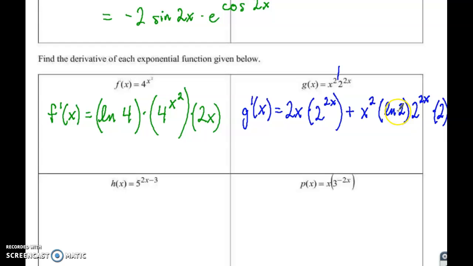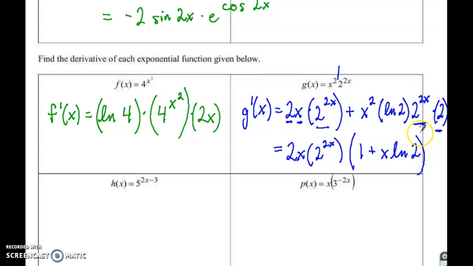Now, at this point, I think it would be up to you if you wanted to factor things out. For instance, each one of these has a 2, an x, and a 2 to the 2x. A 2, an x, just one of those x's, and a 2 to the 2x. So you could factor it out if you want. I actually don't have an answer key to this. 1 plus, let's see, we have an x natural log of 2 still there.